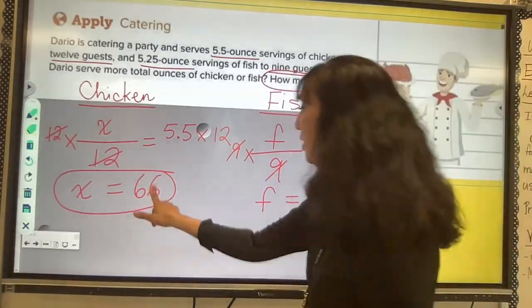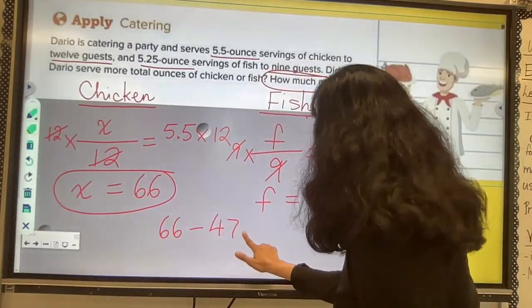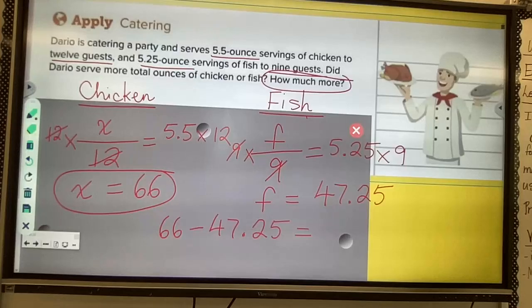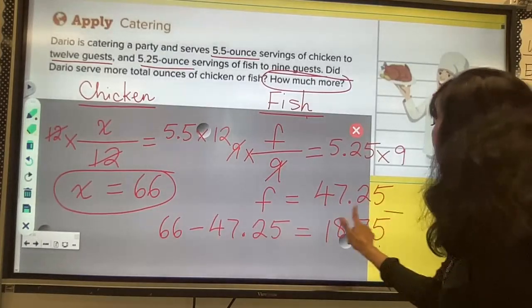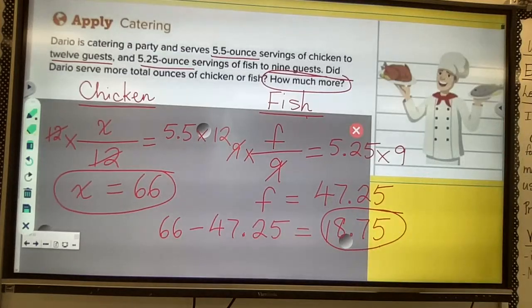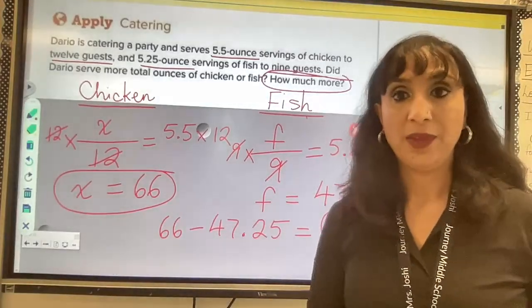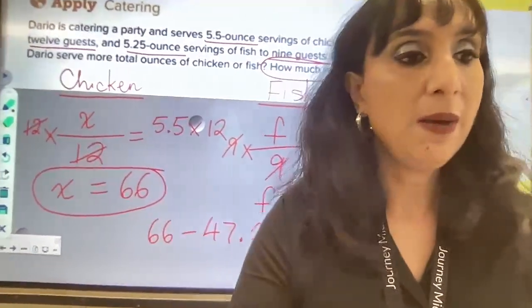So I'm going to take 66 minus 47 and 2/500, and when I subtract this, I get 18 and 7/500. Okay, so Dario served 18 and 7/500 more ounces of chicken than fish. So this is how you just write out the equation, solve it to solve these word problems.